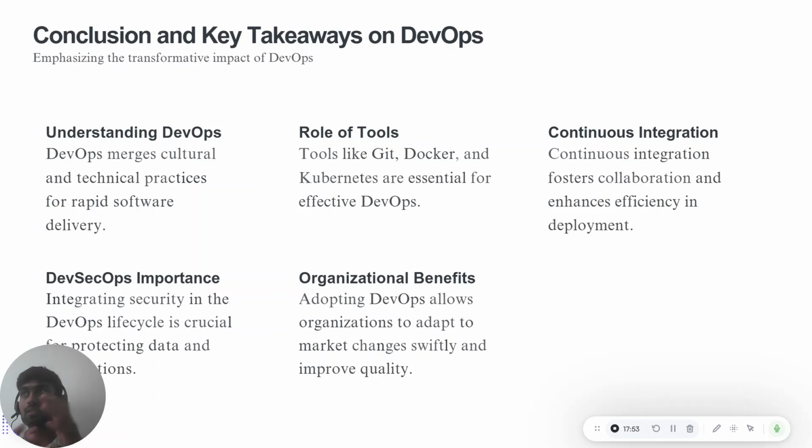Integrating security in the DevOps lifecycle is crucial for protecting the data. Adopting DevOps allows organizations to adapt to market changes swiftly and improve quality. So these were some of the conclusions we made from this presentation.